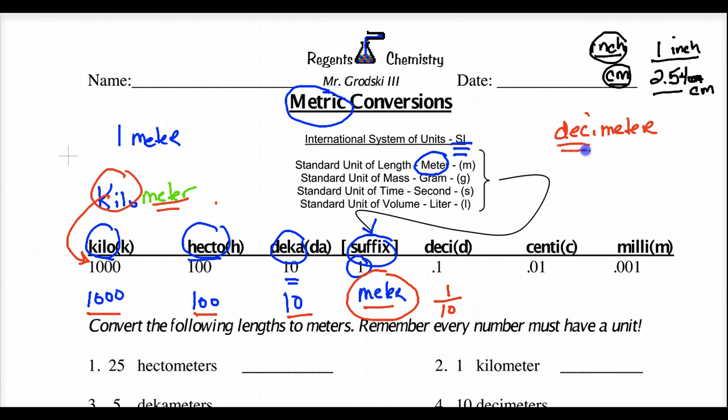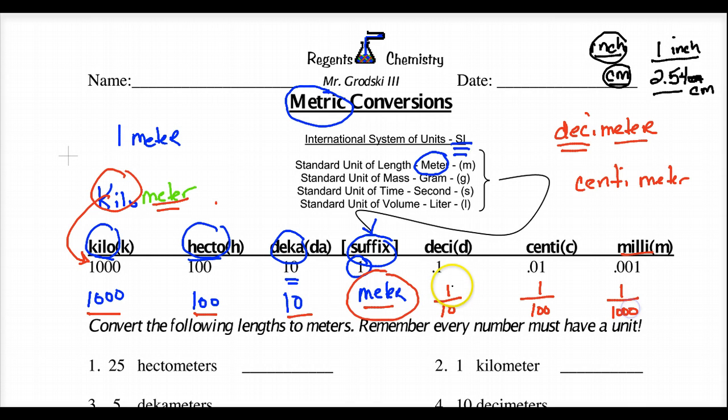That means 1/10 of 1 meter. And if I'm smaller, centi is 1/100th. Another way of writing 1/100th is 0.01. And I'd write centi for 1/100th of a single meter. So if I get really small, I have milliliter or millimeter. That's what?